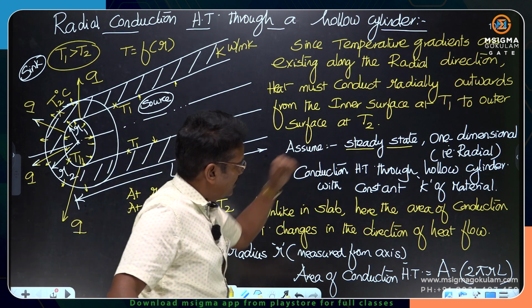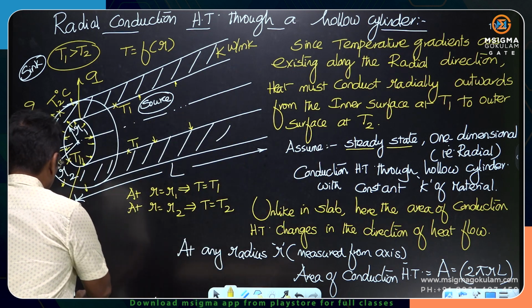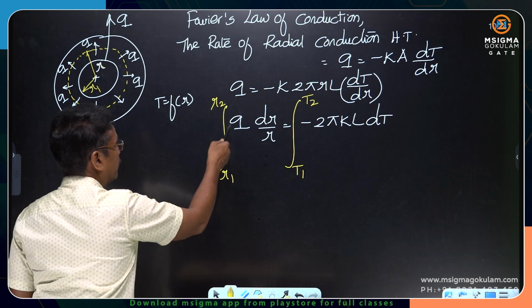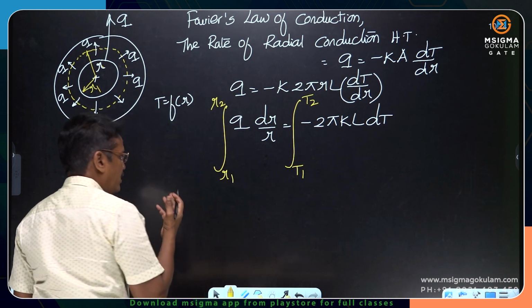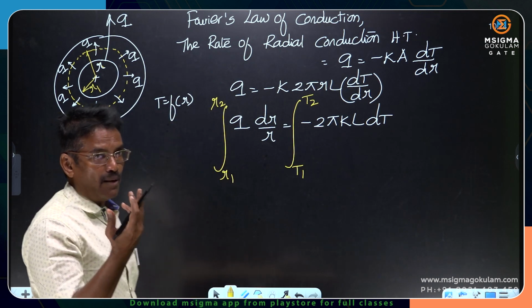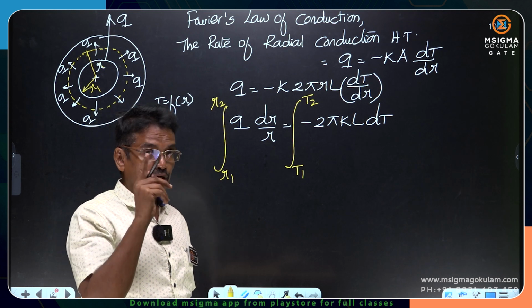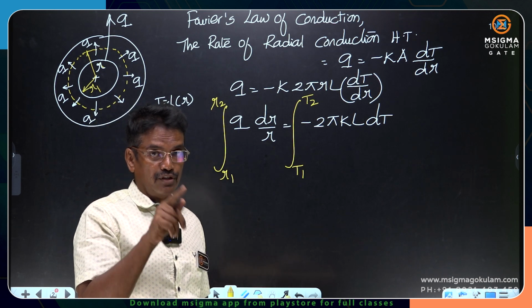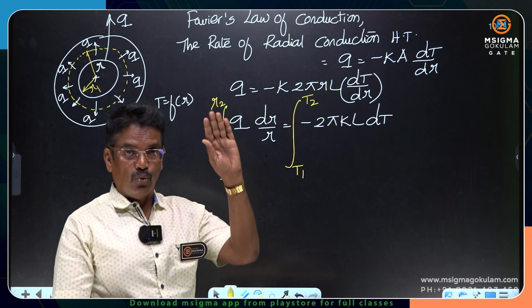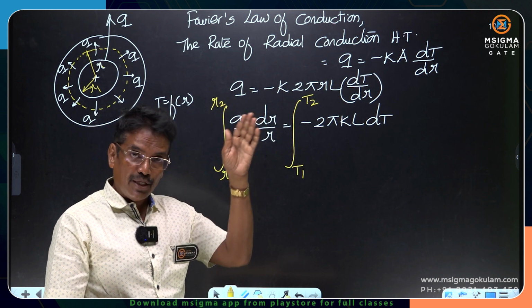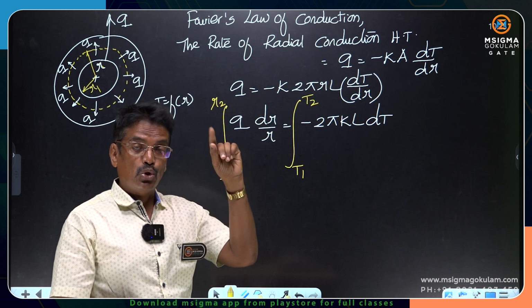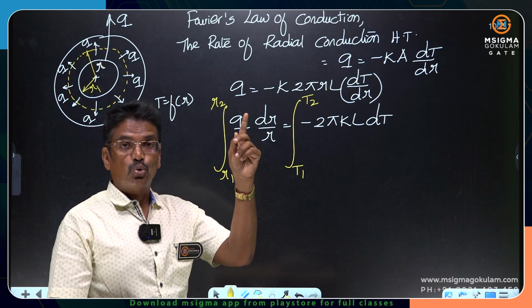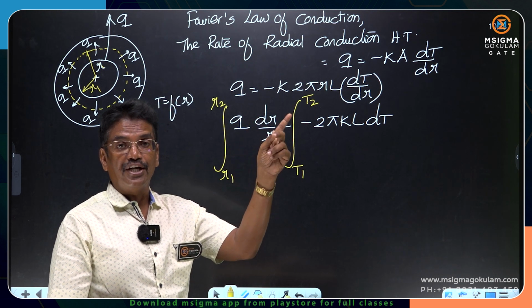To satisfy that, this Q should not be a function of R. Same argument, whatever I had given in case of the slabs. Just similar to conduction through a slab, there also I said Q should not be a function of X to satisfy the steady state heat transfer situation.